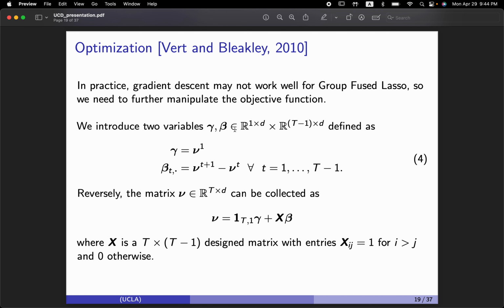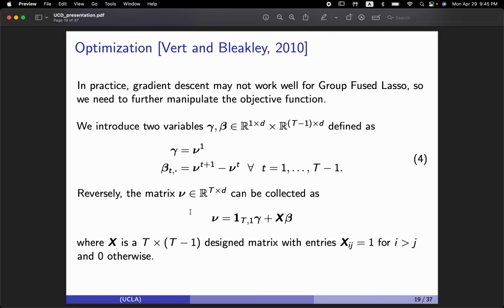We introduce two more variables, gamma and beta, where gamma is essentially the nu at the first time point, so it's a row vector, and beta is a T minus 1 by d matrix. Each row of beta is just the sequential difference of the nu's. Because we have time 1 to time capital T, there are essentially T minus 1 differences here.